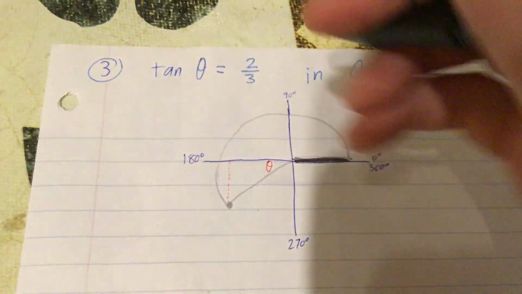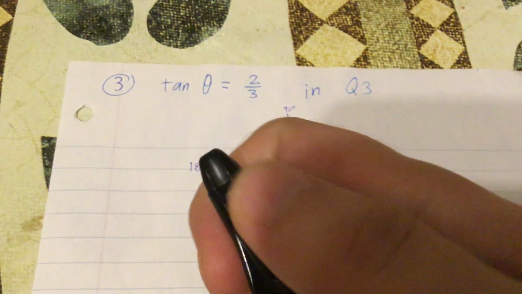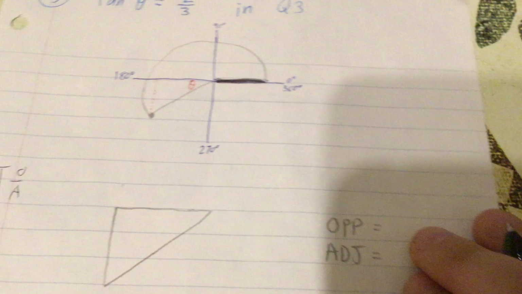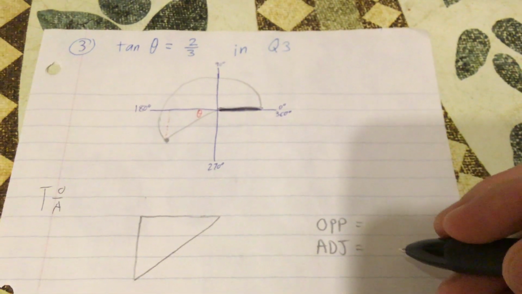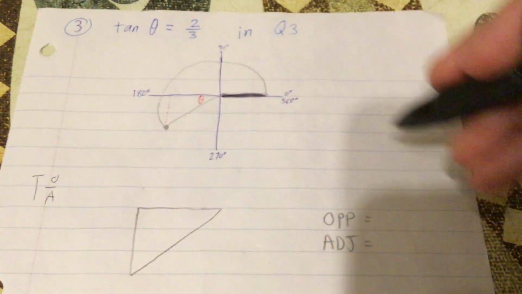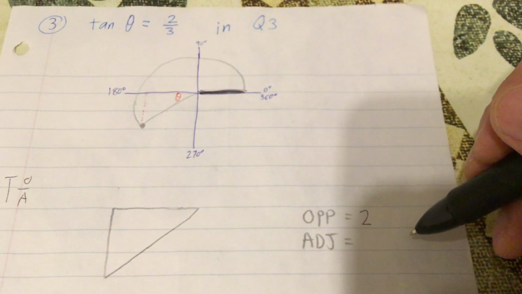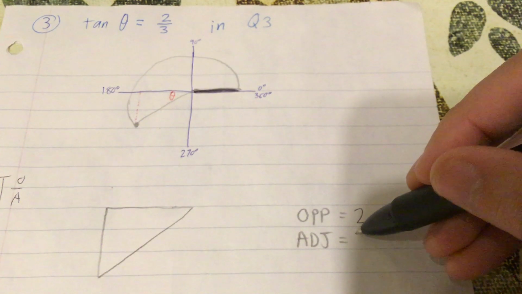So now, tangent, TOA, that's what I go with, TOA. So tangent is the ratio of an angle's opposite side to its adjacent side. The top part is the opposite side, so the opposite is 2, and the adjacent side of that angle will be 3.